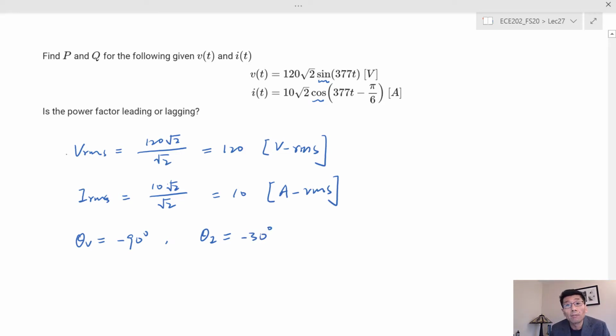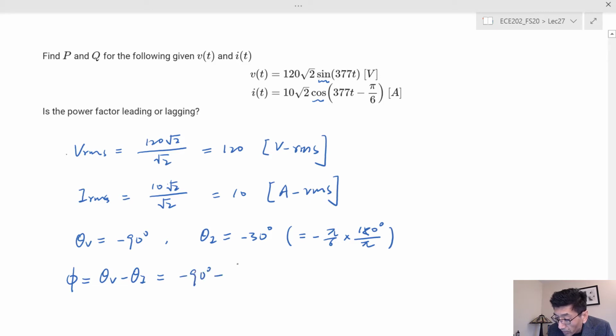By the way, negative pi over 6 is negative 30 degrees, which is negative pi over 6 times 180 divided by pi, right? And so therefore the power factor angle is theta V minus theta I. That's equal to negative 90 minus negative 30. So I get negative 60 degrees.